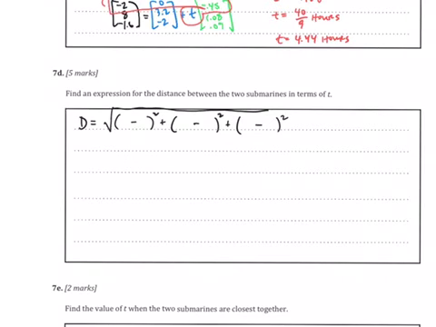So if I took the x component of submarine A, I had 2 minus t. The y component of submarine A was 4 plus t. The z component of submarine A was -1 minus 0.15t.